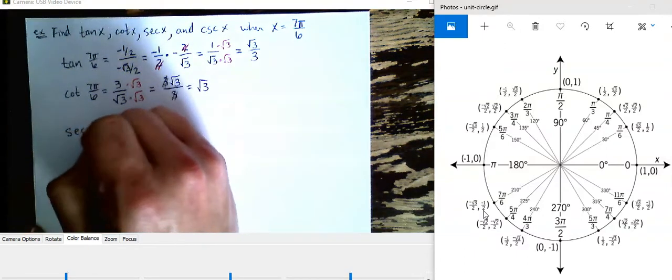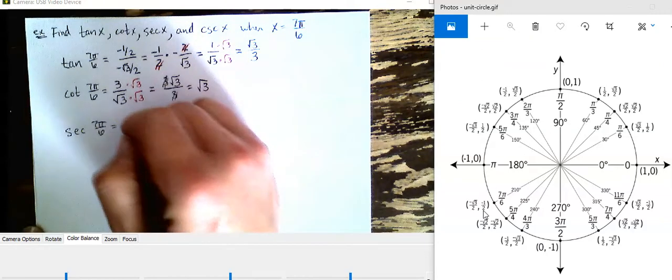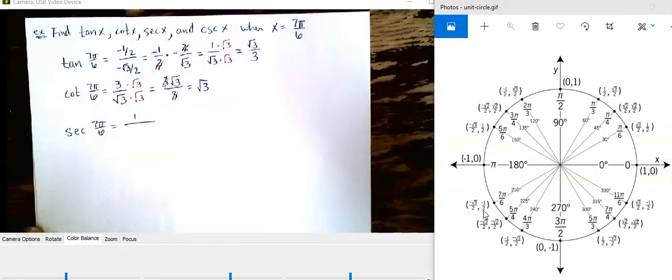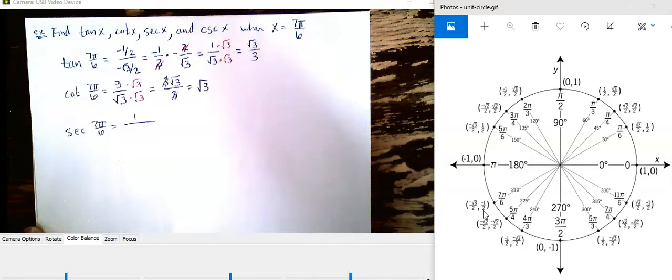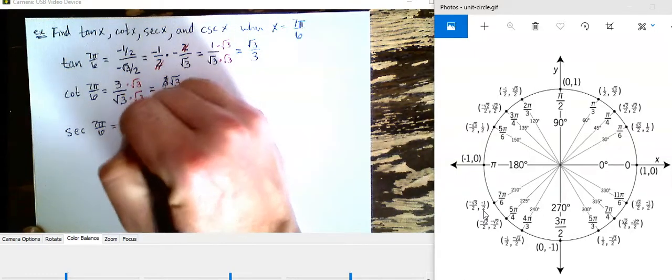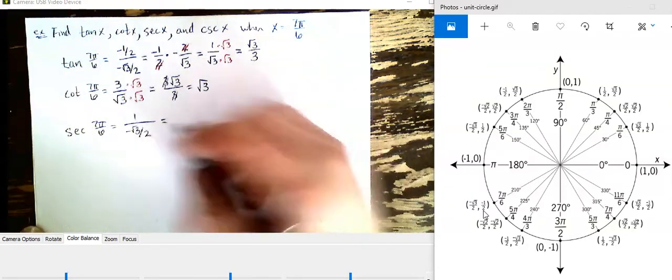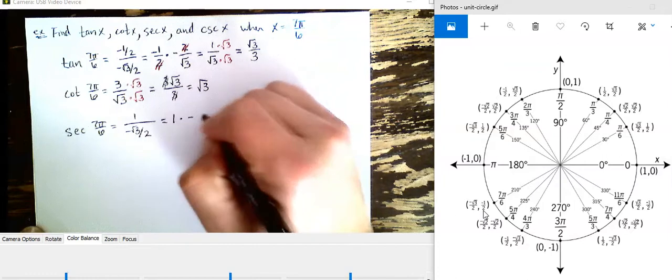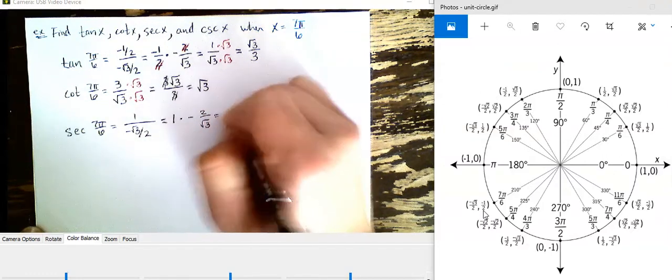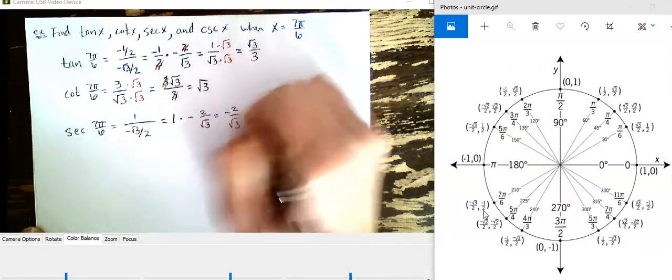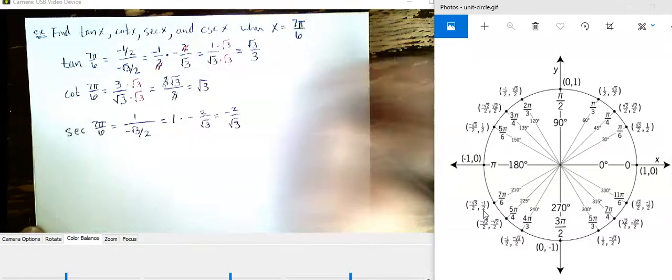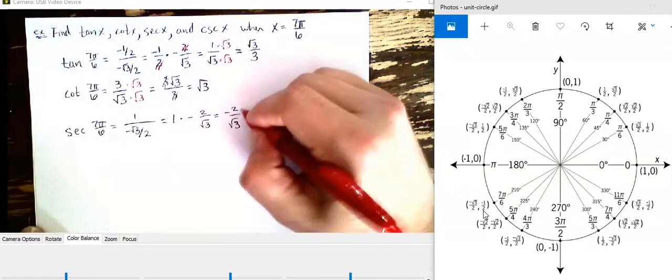Secant at 7 pi over 6 is 1 over the cosine. Cosine is -√3 over 2. So again, multiplying by the reciprocal, it's like 1 times -2 over √3, or -2 over √3. And rationalize.